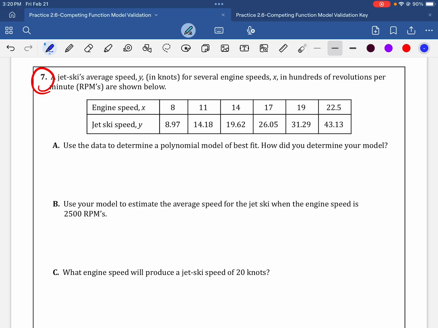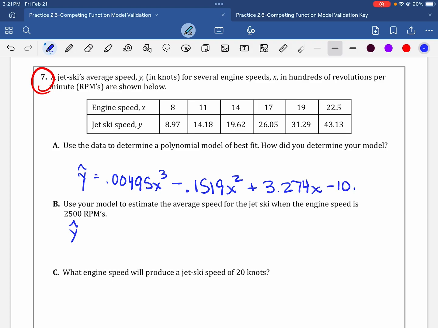All right, use your model. So that was your cubic, right? The cubic was 0.00495 x cubed. Well, it was minus 0.1519 x squared plus 3.274x minus 10.037. Okay, so we're using this model to estimate the average speed for the jet ski.